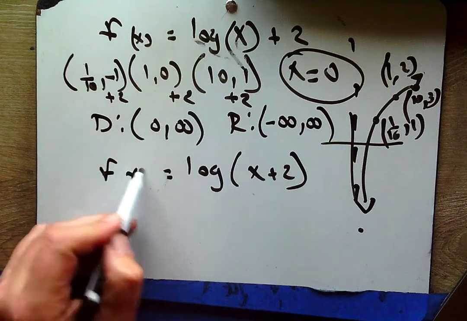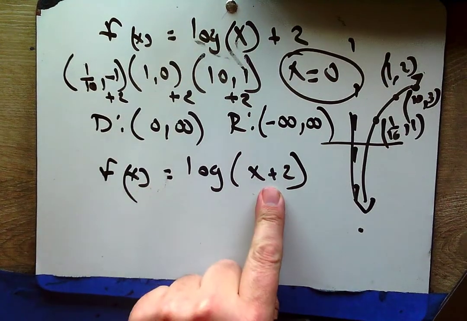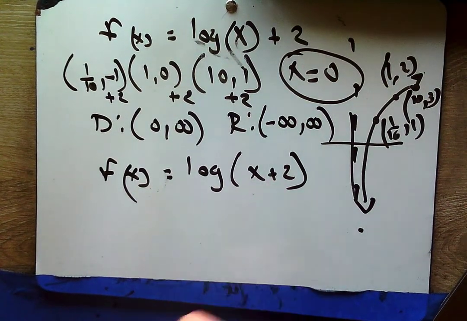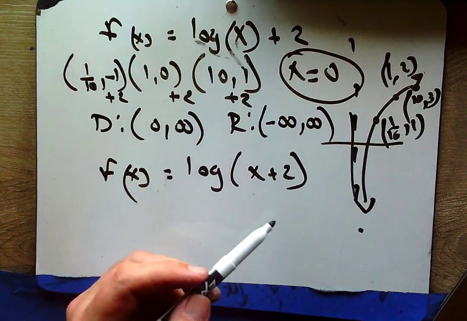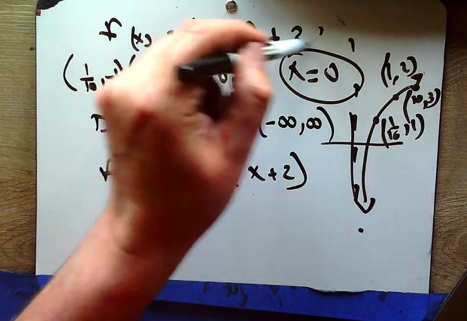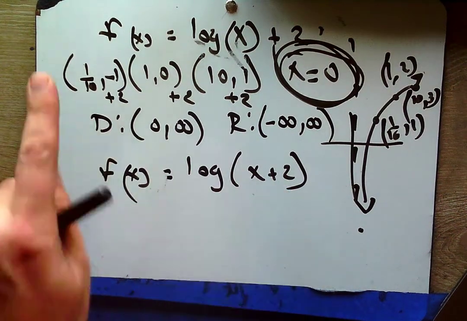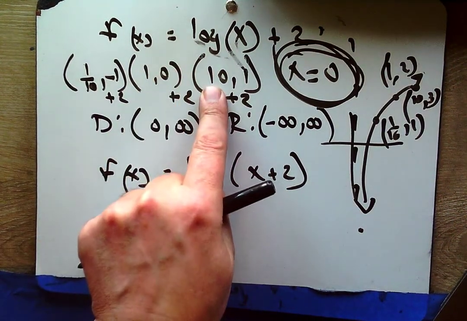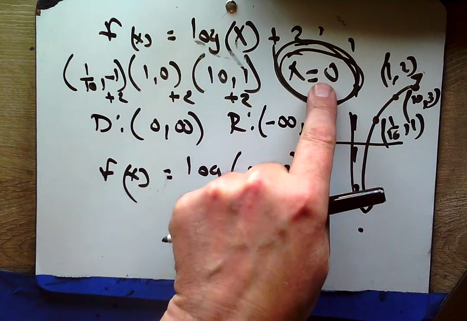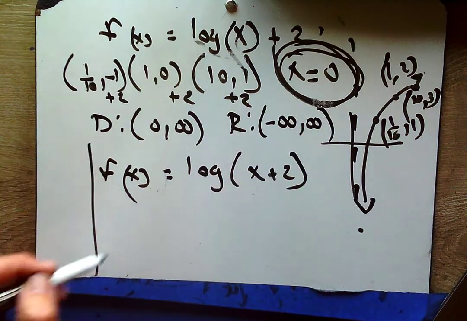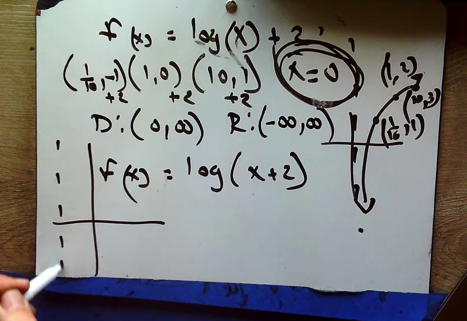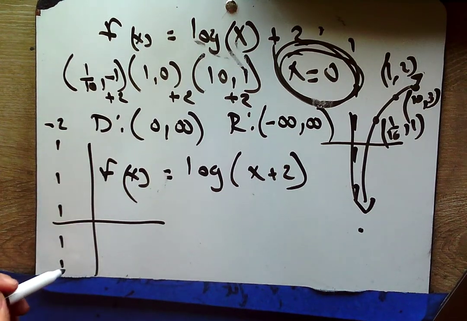And I asked you to consider this one. Hey, this shifts my log graph left 2, including the vertical asymptote. This is an x transformation. I'd be subtracting 2 from all the x's, including that one. So now my graph isn't going to start at 0. It's going to start at negative 2.